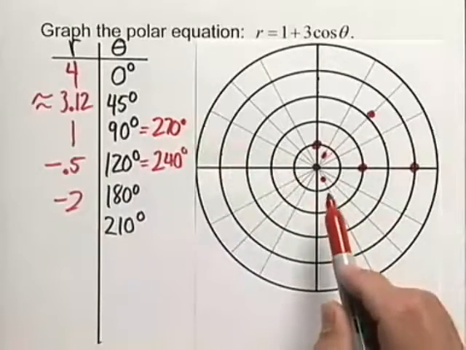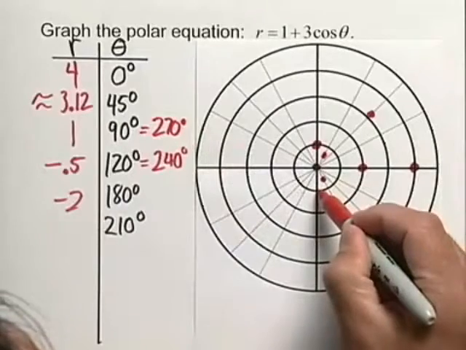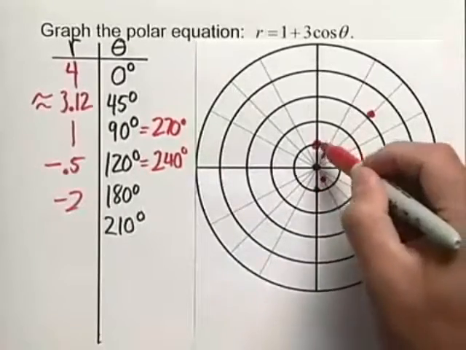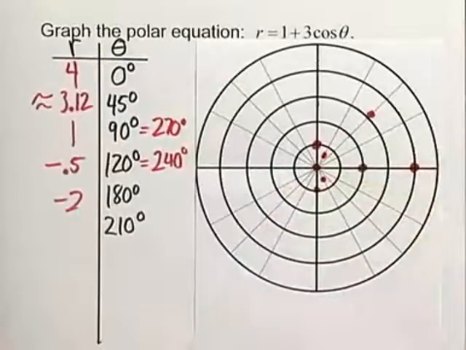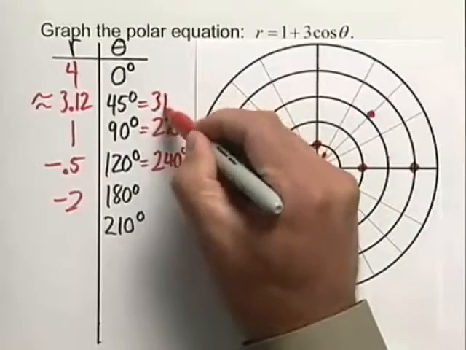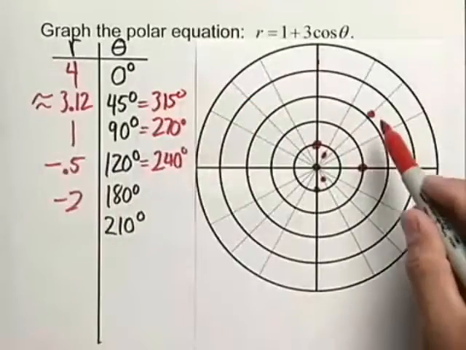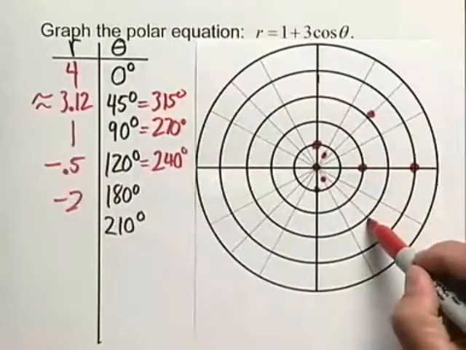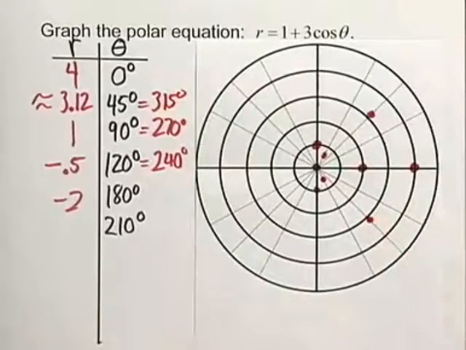When we're at 270, we have a value of 1 right there, and you can see the symmetry across that polar axis at this point. Continuing through, when we get to 45, that relates to 315 degrees. We can see that symmetry down this axis to this point right there.